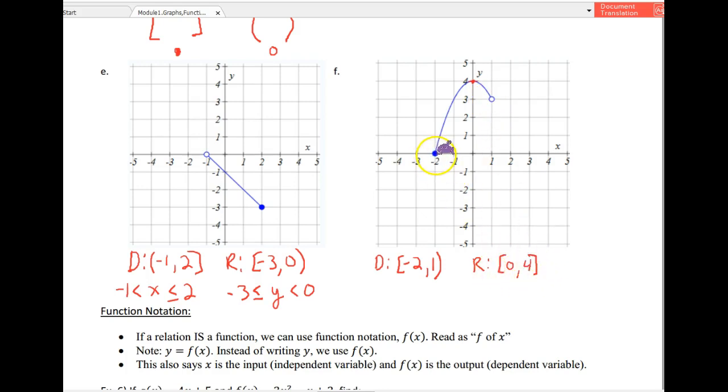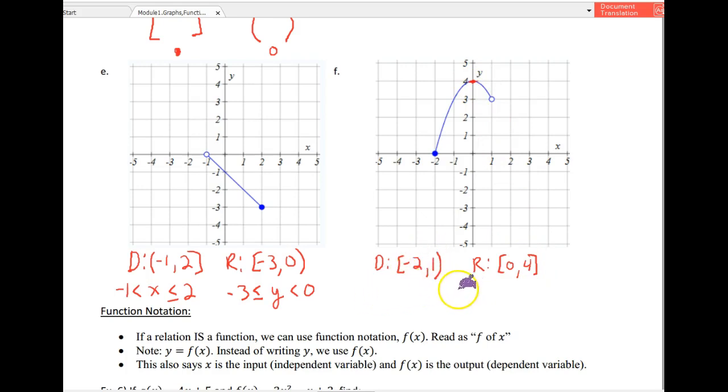Okay, so the lowest point was 0, the highest point was here at 4. Now this is still in the range, right? That's still between 0 and 4, it's still there, but this is the highest, so that's the end point of my range.